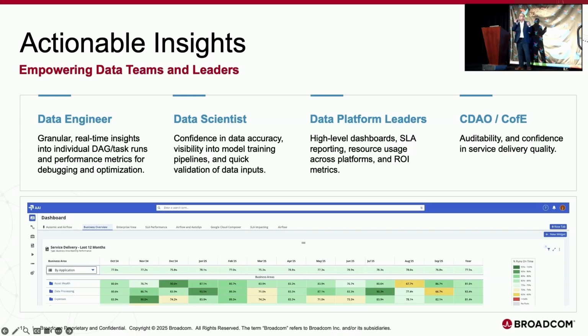So they need to understand how their processes are flowing. The data platform leaders need those dashboards, at a glance, visibility of what's happening in their Airflow and in their enterprise automation systems. They need to understand their ROI metrics. And the COE, the CDLO, auditability and confidence are key to their role. They need to be able to be confident in what we are doing within the Airflow world.